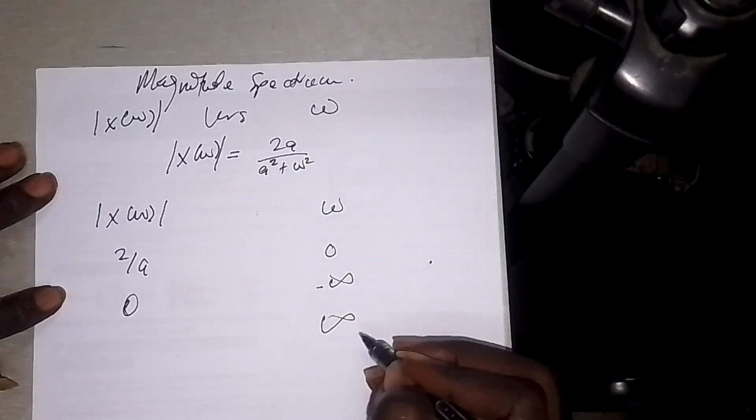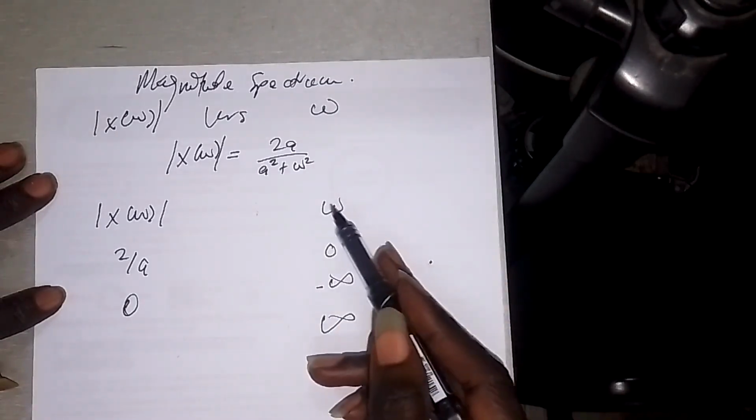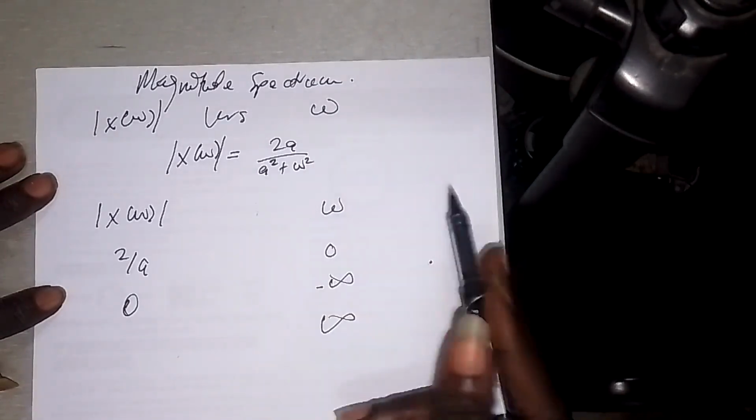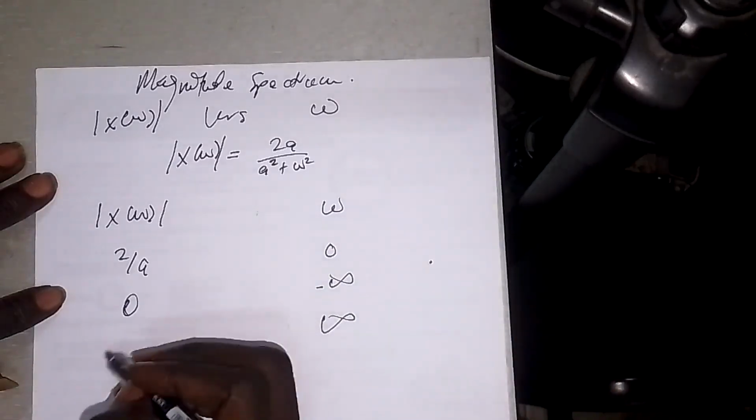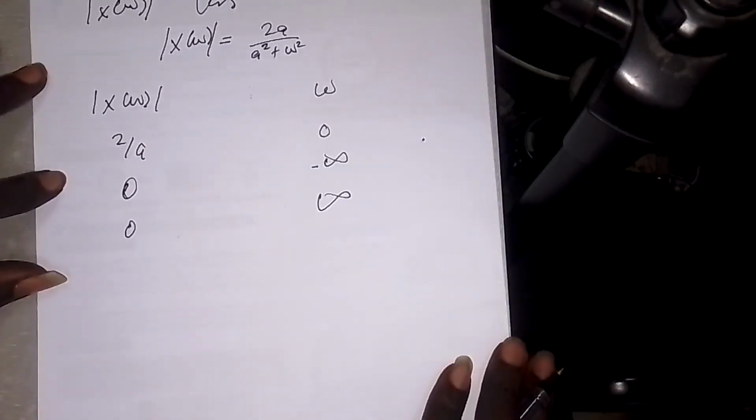Now, if omega is infinity, so 2a over infinity squared, if you have 2a items and an infinity number of people are going to divide it, it will be 0.